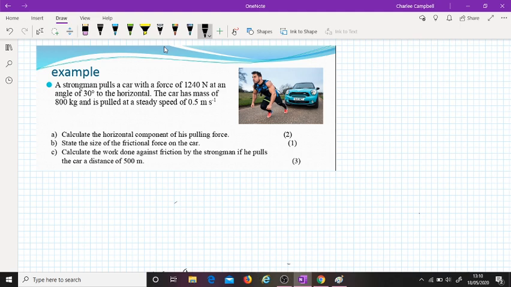So we've got a strong man that pulls a car with a force of 1,240 newtons at an angle of 30 degrees to the horizontal. So we've got a little picture here which helps.